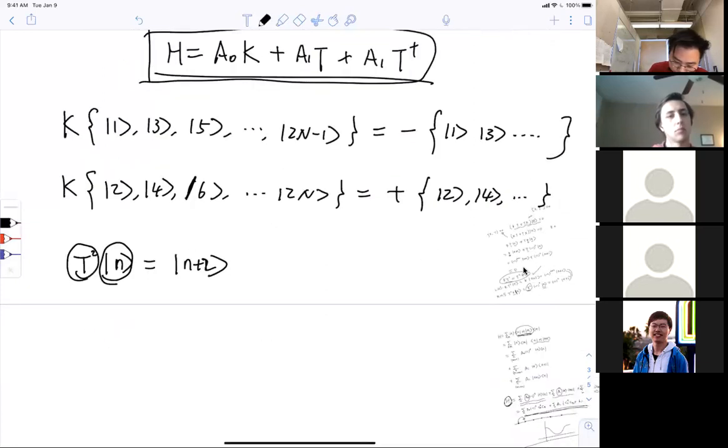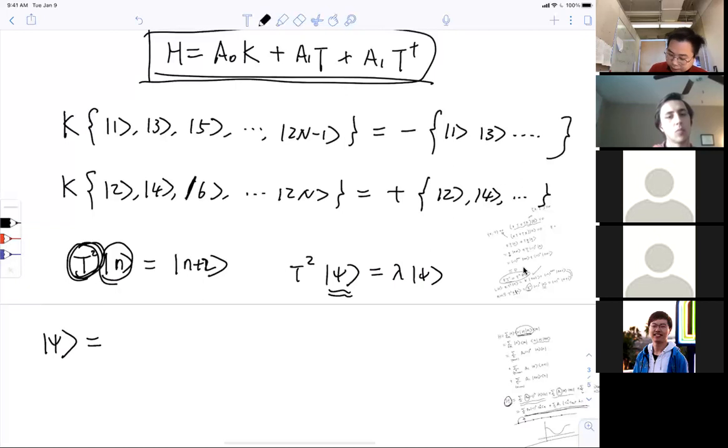So to find the eigencat for t squared, let's assume generally that cat psi is the eigencat for t squared.